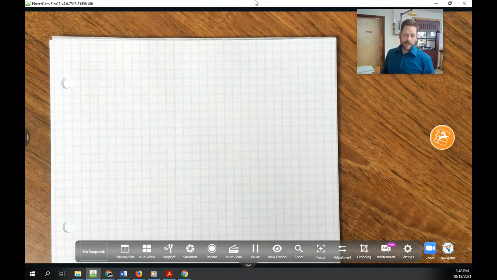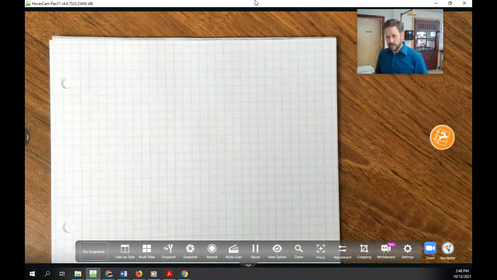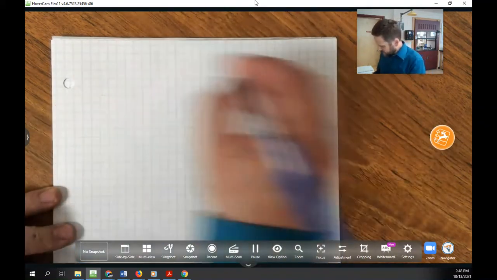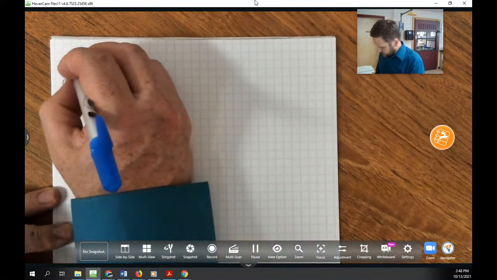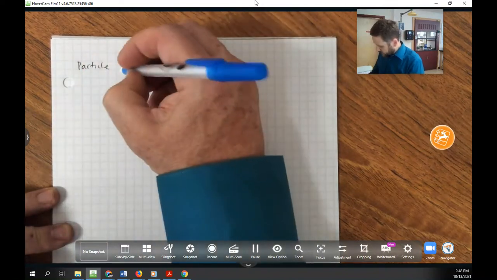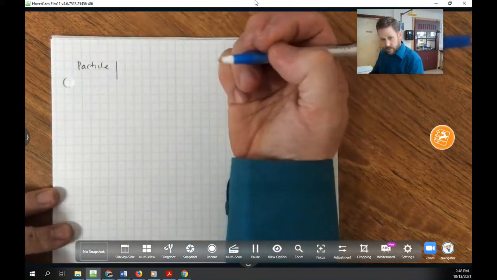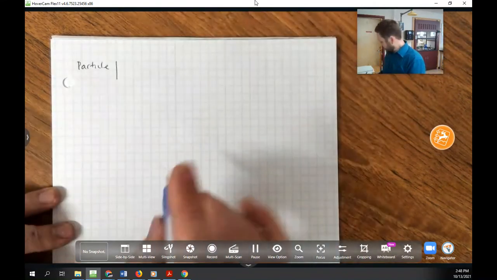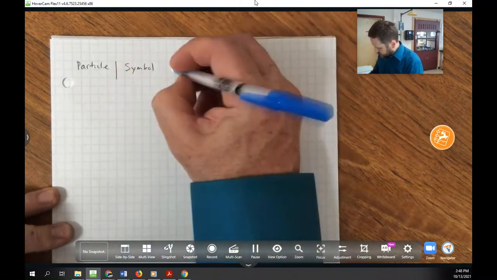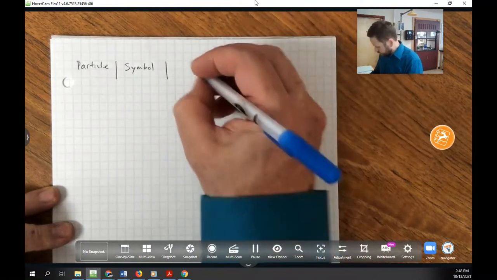So we're now going to talk about those three elementary particles: protons, neutrons, and electrons. And we're going to make a data table here to describe some of the important information about each of those. We've got a lot of columns to make here, so we're going to write small. There's the type of particle that we're going to be naming, so for instance, protons, neutron, and electron. There's the symbol of the particle, and there's the charge of the particle.